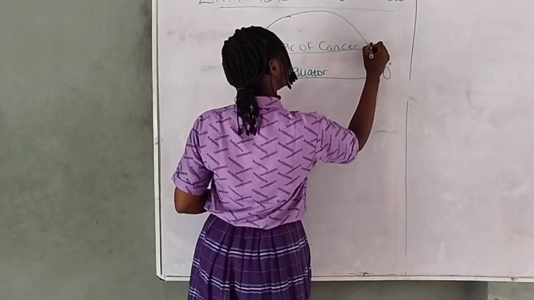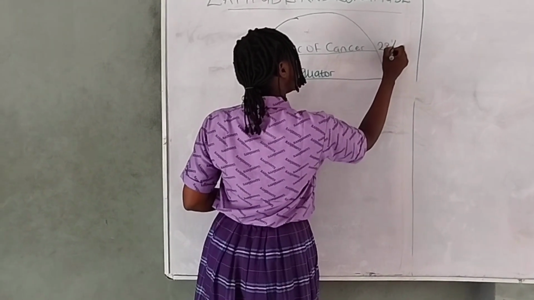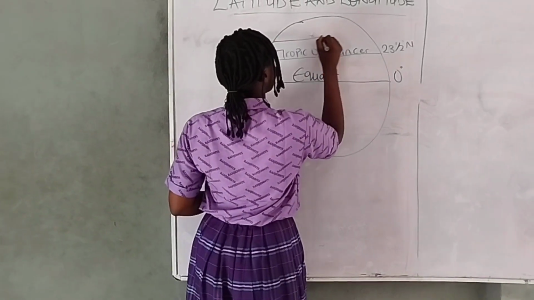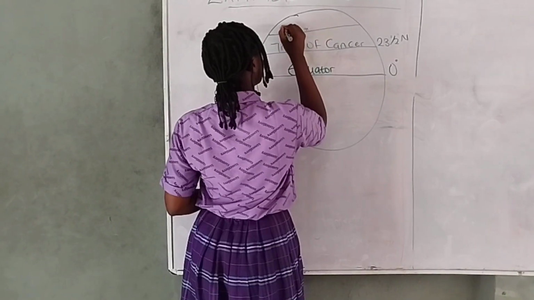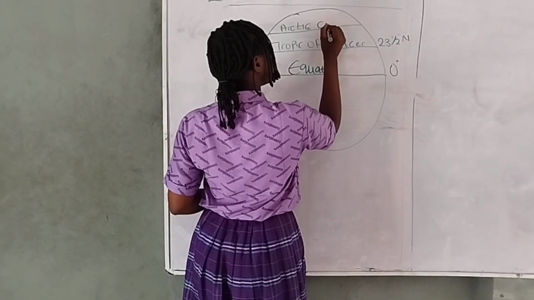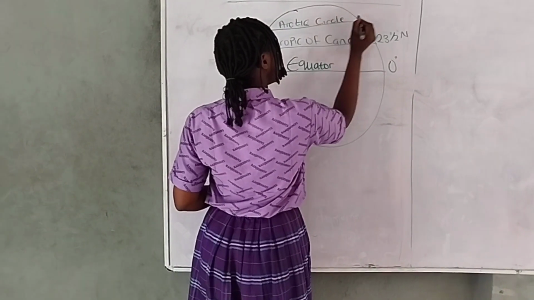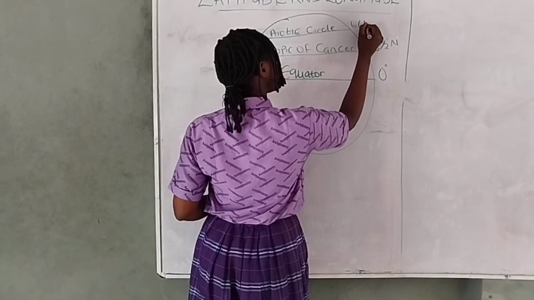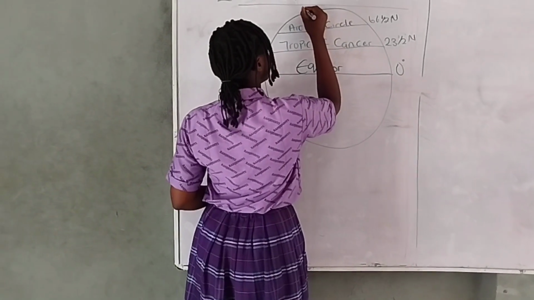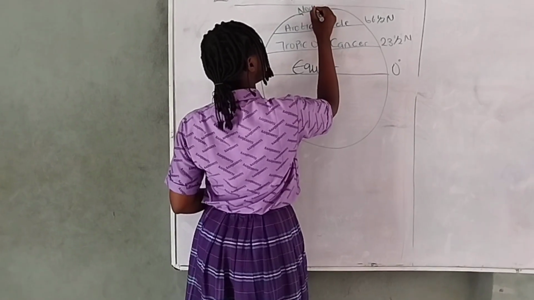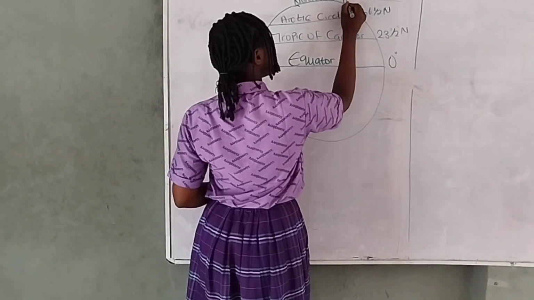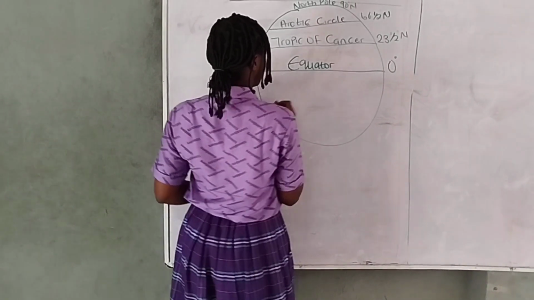It has an inclined angle of 23.5 degrees north. Then we have the Arctic Circle. It has an inclined angle of 66.5 degrees north. Then here we have the North Pole, which is 90 degrees north.